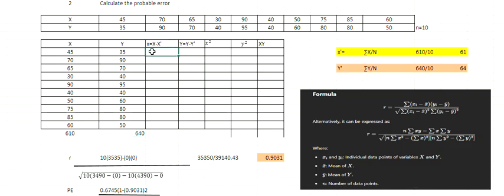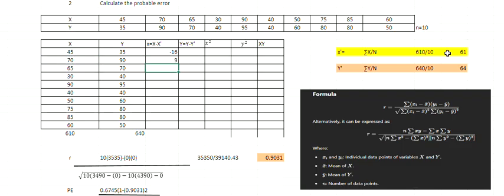Now what is x? I have to calculate x for the accuracy. So x is nothing but x minus x bar. Directly I will calculate here: 45 minus x bar, which is 61, right? Then again, for the next value, equals, x minus x bar, 61, enter.